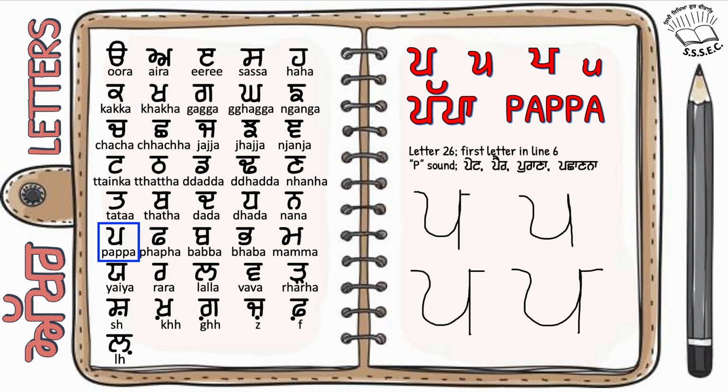Papa for panj. Other words beginning with papa are pet. Pet is stomach. Pad. Pad is foot or feet. And this is the limb, not the measurement. Purana.